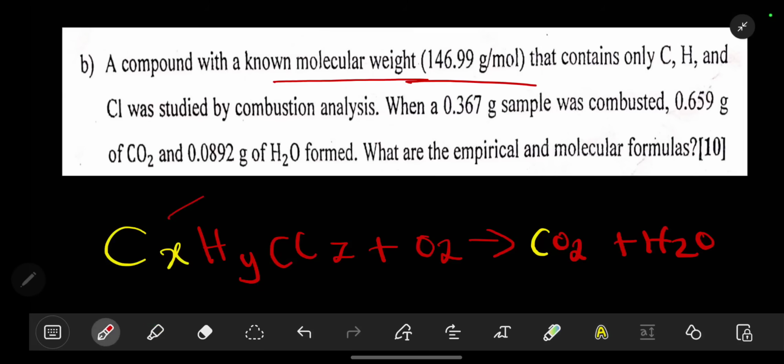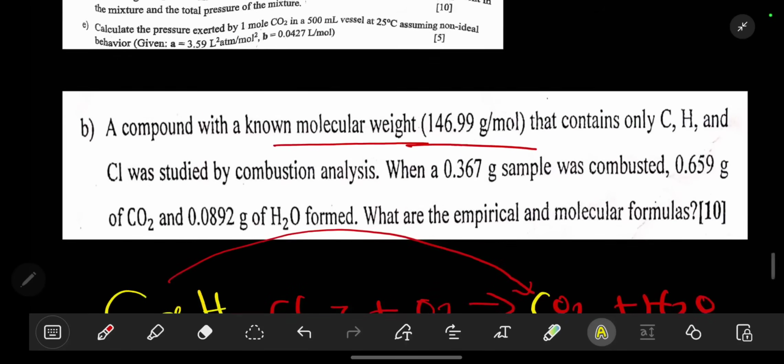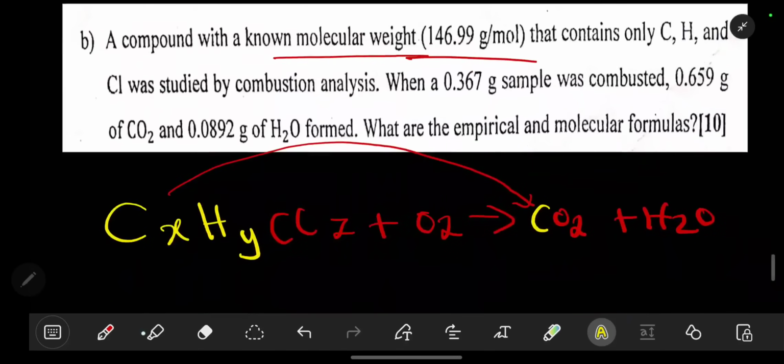Likewise, the exact amount of hydrogen that is present here is the same amount that is able to form water, because it can neither be created nor destroyed. It just recombines.